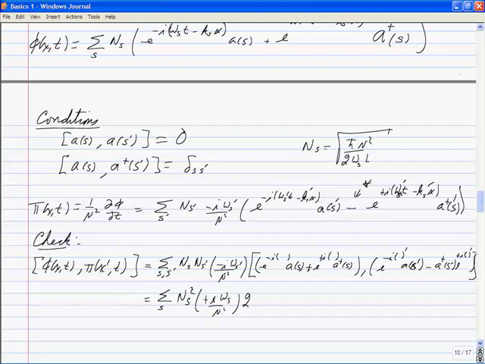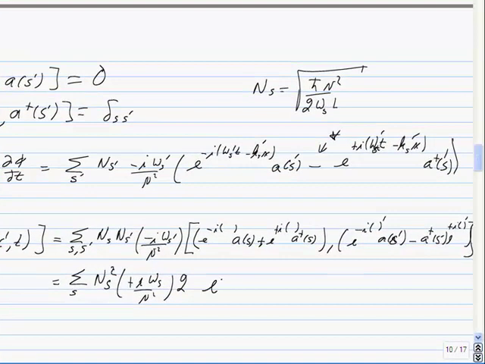But we still have x and x prime being different, so there is still something left over. Here's what's left over: e to the i k s times x minus x prime.